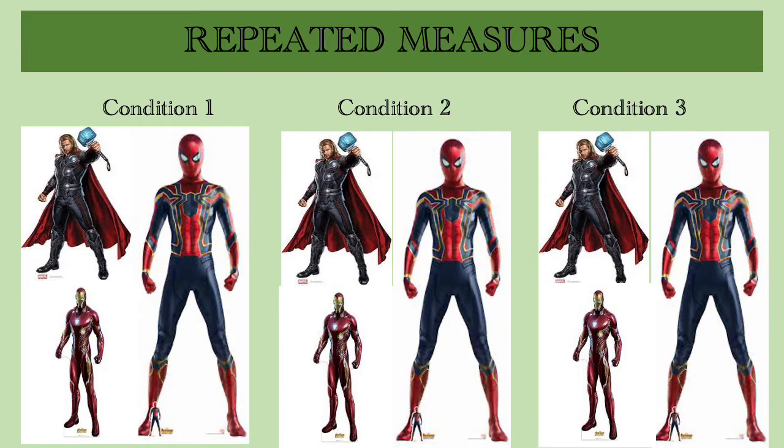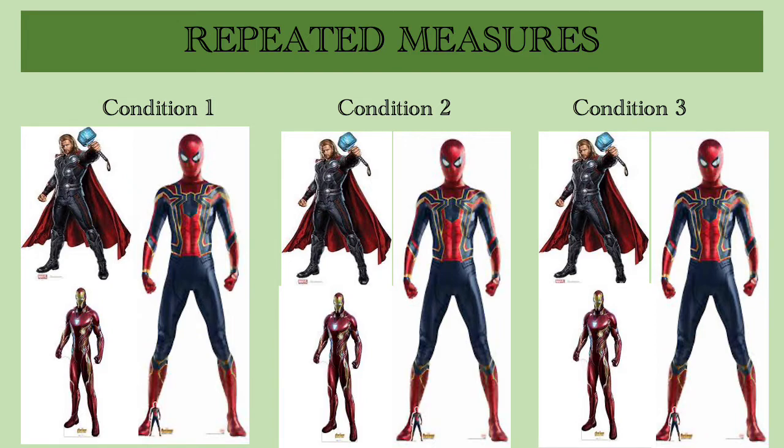So, repeated measure here, like I said before, repeated measure means you're using the same participant for every condition of the IV. So if you look at this picture, there's three conditions of the IV here, 1, 2, and 3. And if you see, the participants are all similar, which means that the participants have to repeat the experiment 3 times under different conditions, like condition 1, condition 2, condition 3.